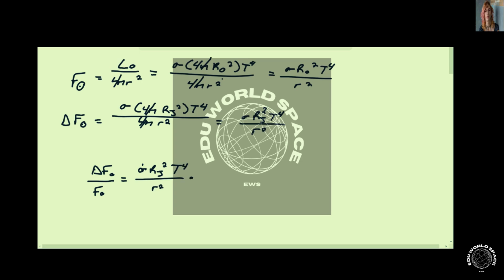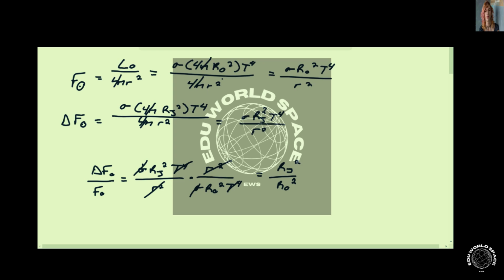Now, since this is on the bottom, we're just going to flip it. T to the 4th crosses out, and so does this. So then we're left with the radius of Jupiter squared over the radius of the sun squared.